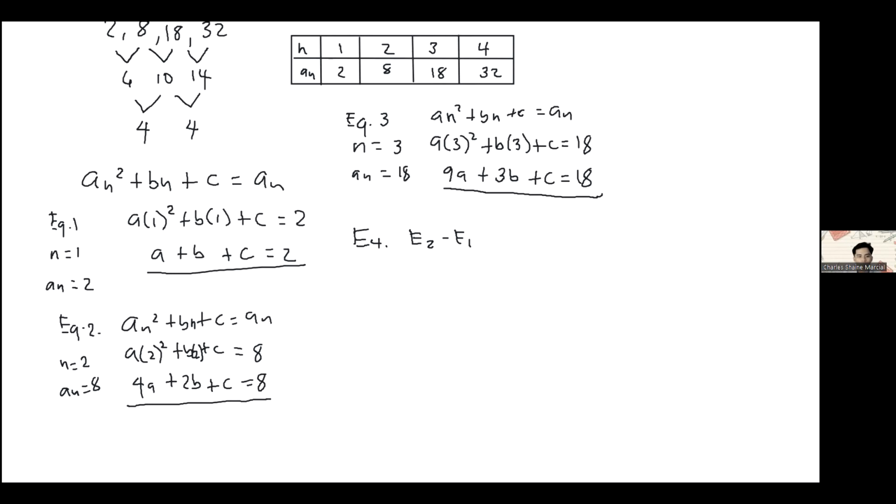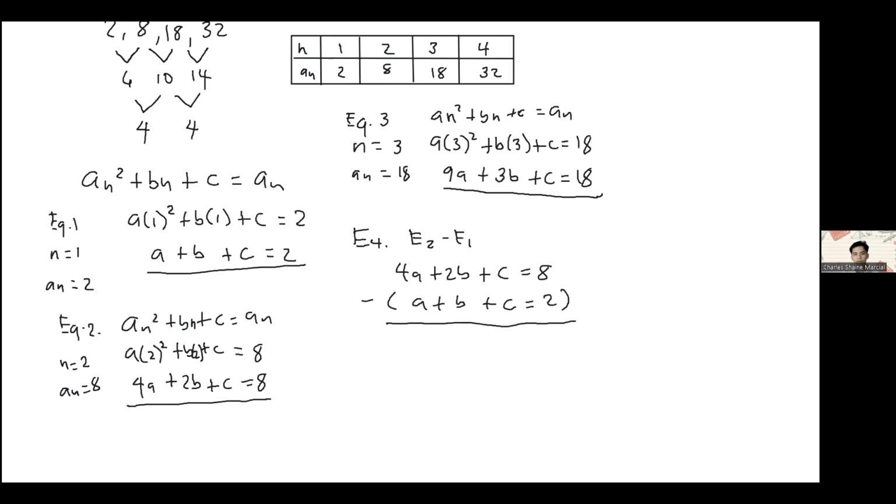Okay? So we have to copy equation 2, 4a plus 2b plus c is equal to 8 minus the quantity of a plus b plus c is equal to 2.